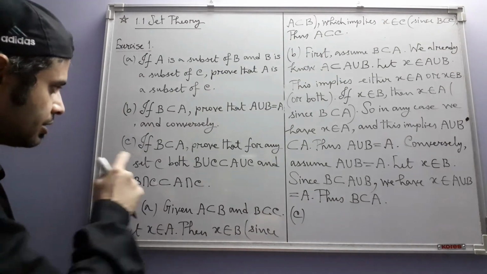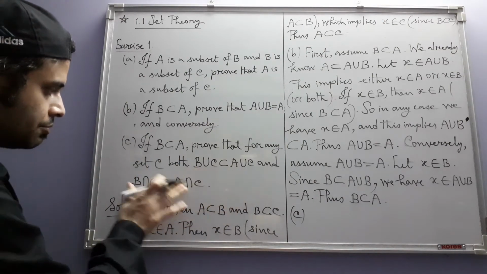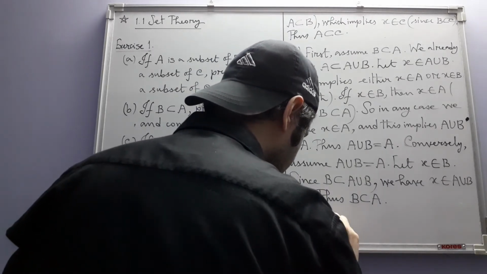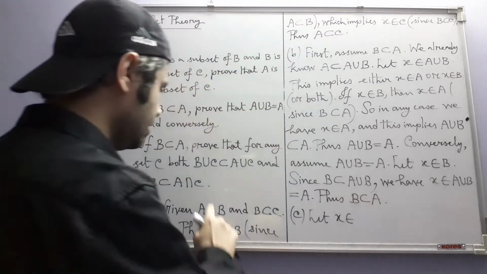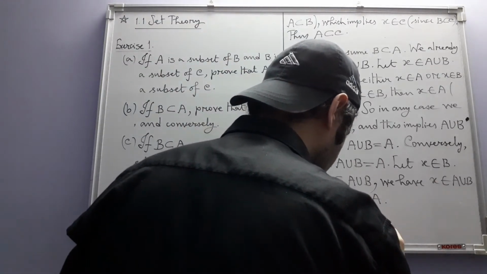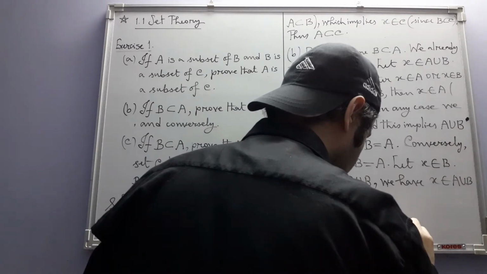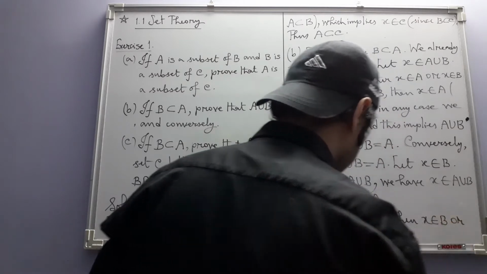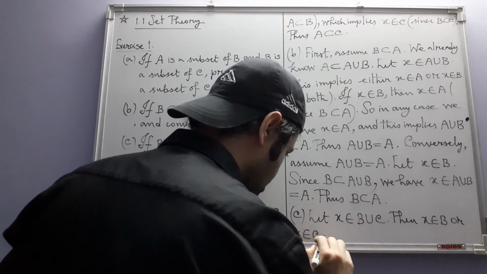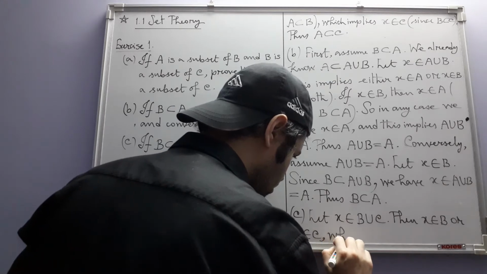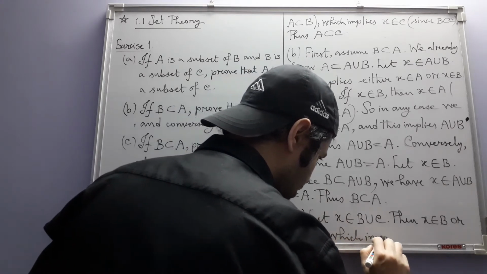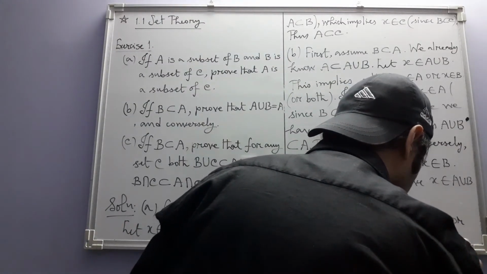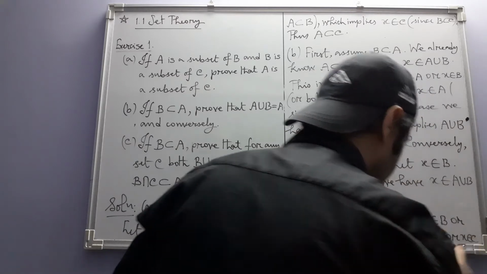Here we are given that B is a subset of A. So we have to prove these two things. So straight away, let x be any element in B union C. Then x belongs to B or x belongs to C, which implies x belongs to A or x belongs to C. Why?